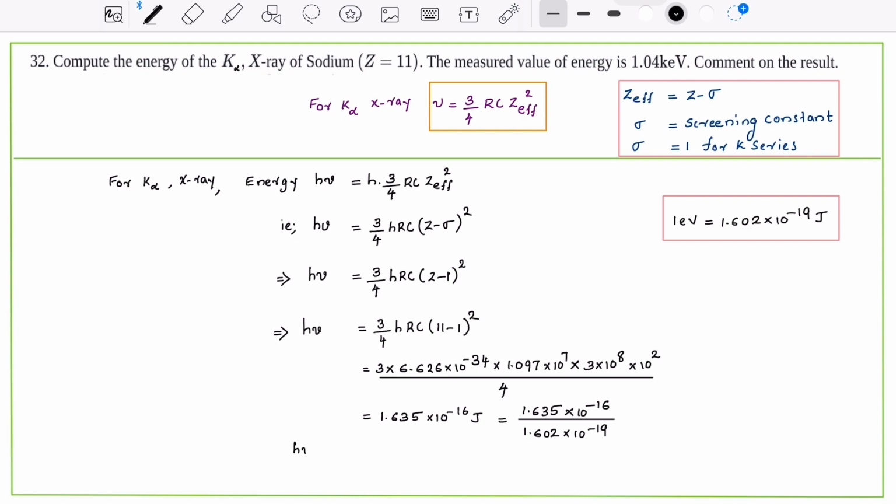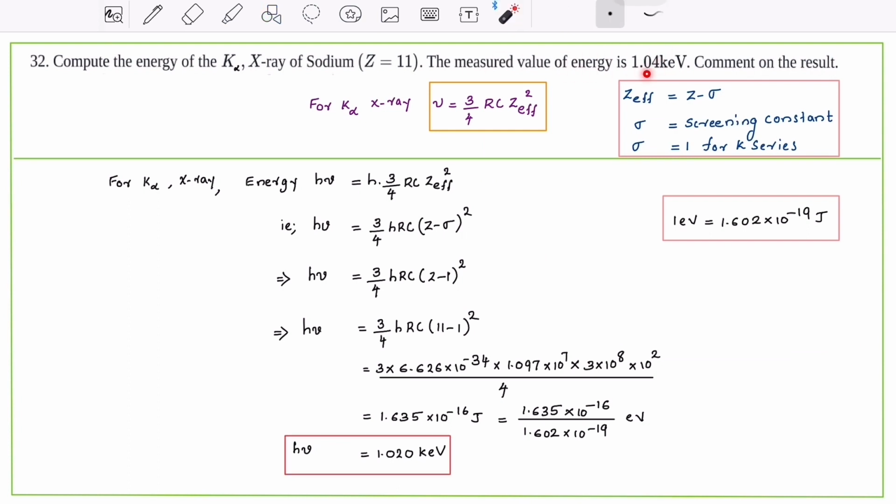Therefore, h nu is equal to 1.020 kilo electron volt. That is our result, 1.020 kilo electron volt, which is the computed energy of K alpha from the given data.